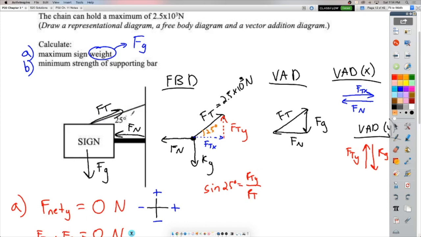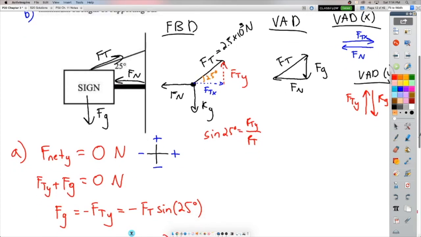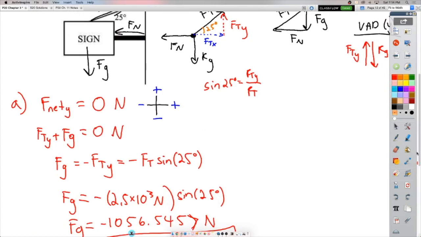Because the chain is pulling this way, it is squishing in on that bar, and that bar is having to push back. At a certain point, anything will break. The materials could break down. So we're going to figure out how strong that bar needs to be. These are the kinds of calculations that people who work with materials like this really do all the time. This is huge in engineering, huge in all kinds of fields.